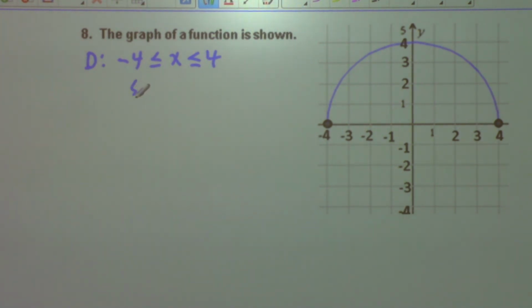And in set notation, it's really just the same thing, right? Just transplant it down. And then in interval notation we have bracket, negative 4, comma 4, right?